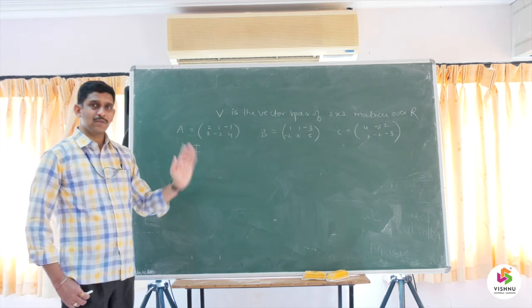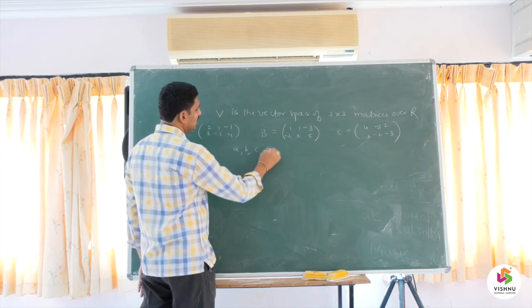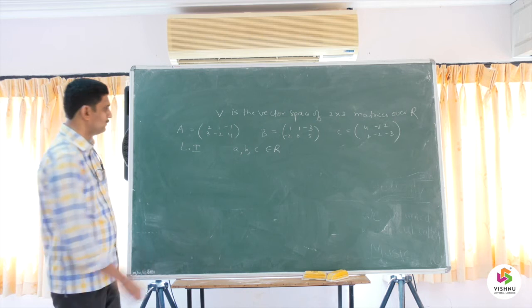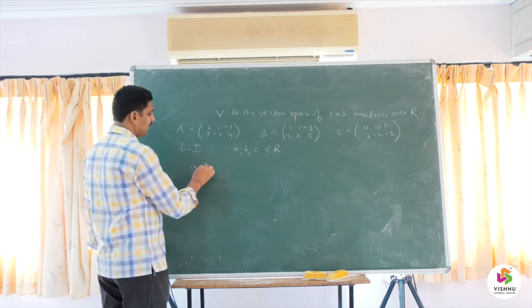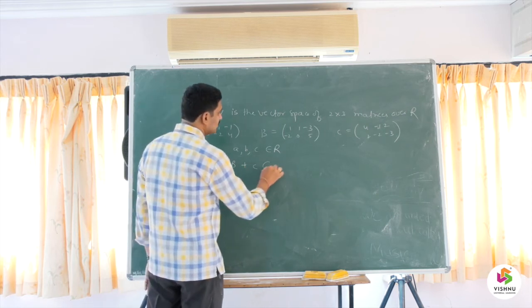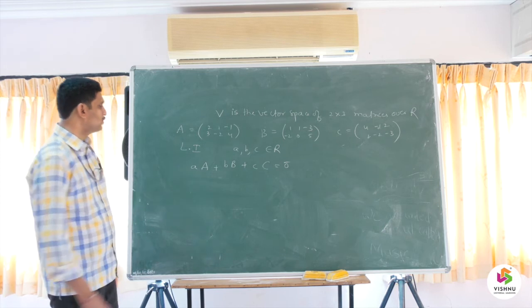Again I go with the traditional approach. You take the scalars, say a, b, c belonging to the field R, and you write the linear combination for them. So a into A plus b into B plus c into C is equal to 0 bar. Now substitute the values here.